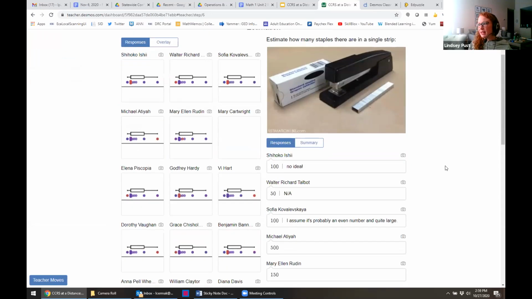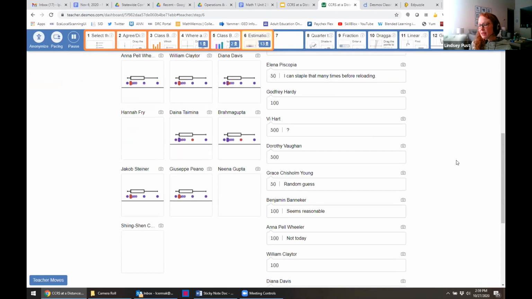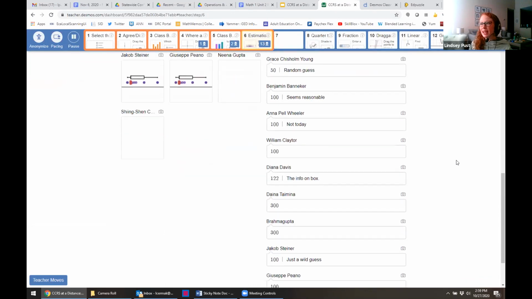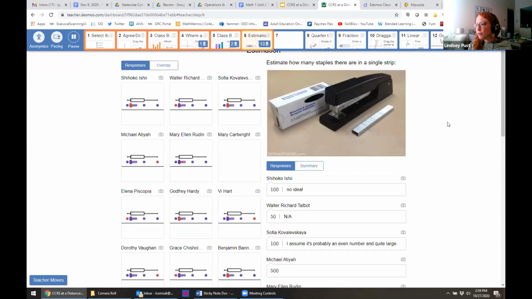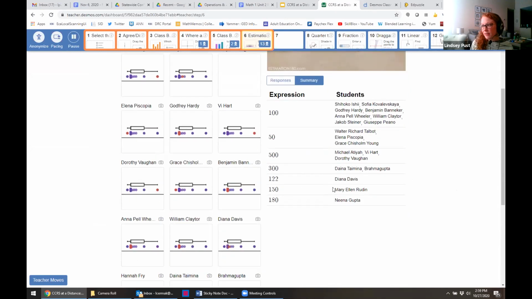And then estimating is such a good skill, and one of the things I think that holds people back from being able to keep progressing. In math, if you can estimate, it's a sign that you're able to think about numbers and how big they are, which is huge, and not everyone is comfortable with that. So I could get a summary here and see how many people said 100, 50, 500, and we could talk about these.